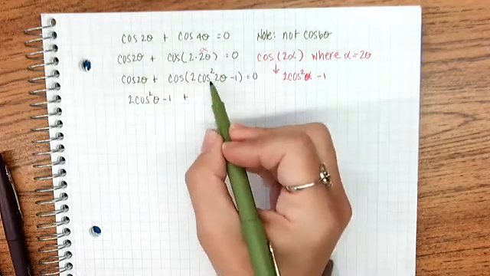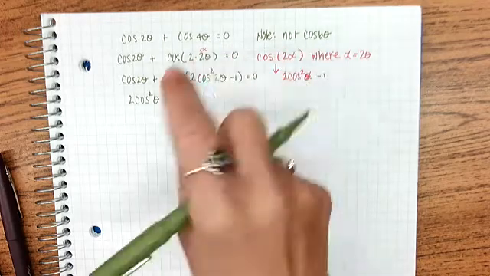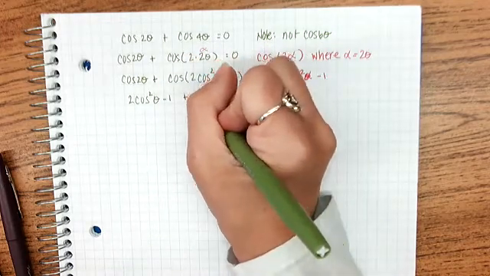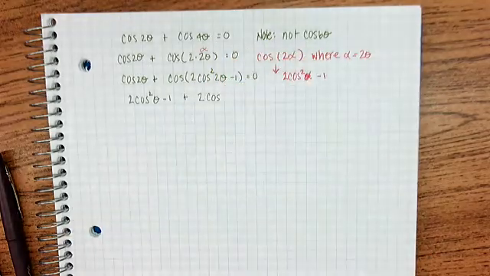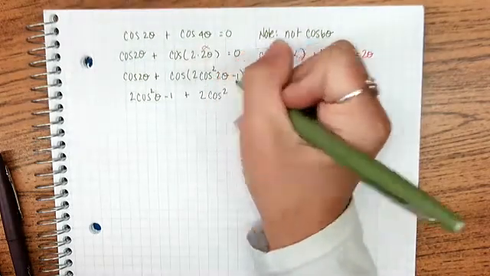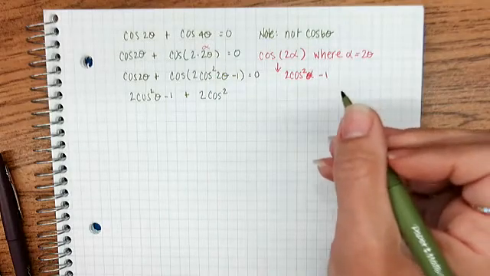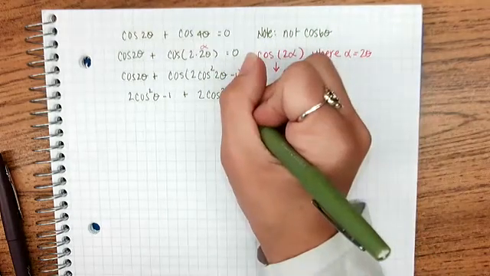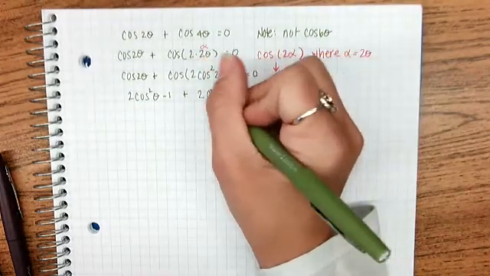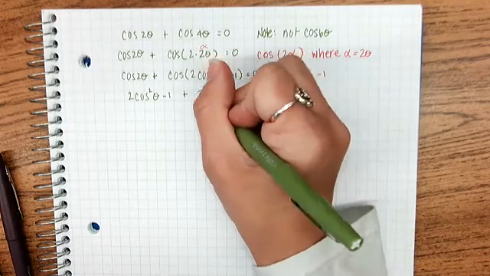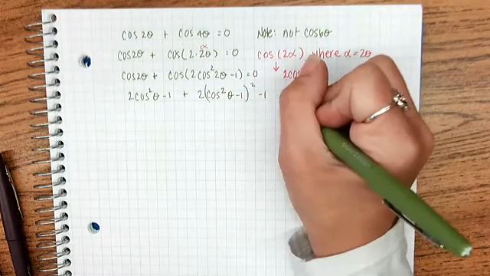Okay, so now I'm going to do another substitution. So that would be cosine squared 2 alpha. So this becomes 2 cosine squared theta minus 1 squared minus 1.